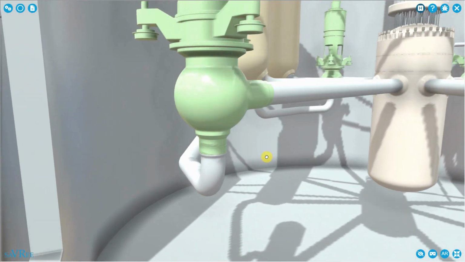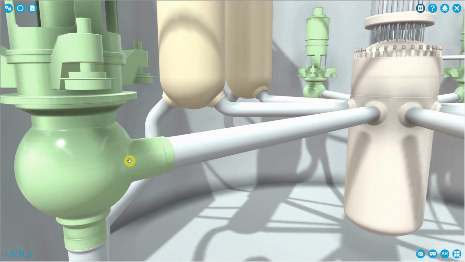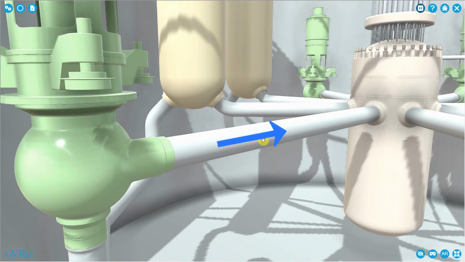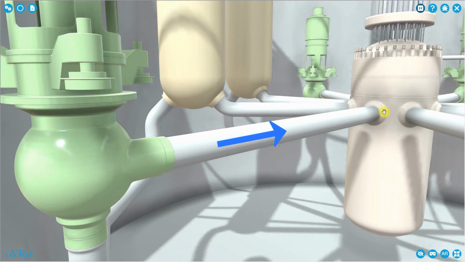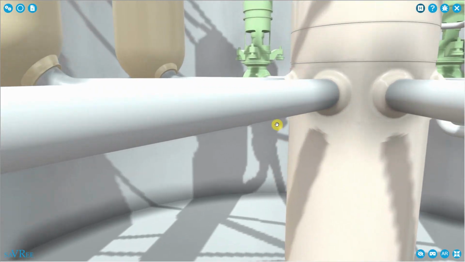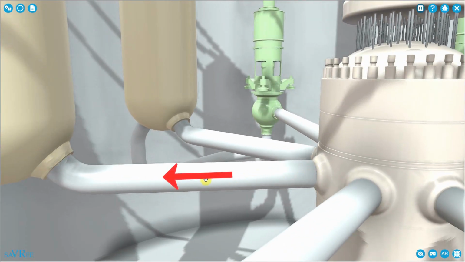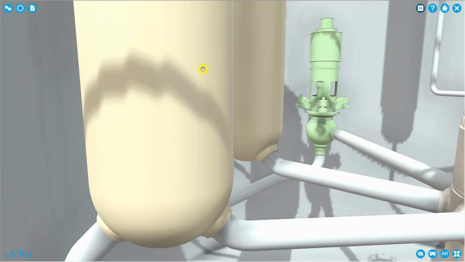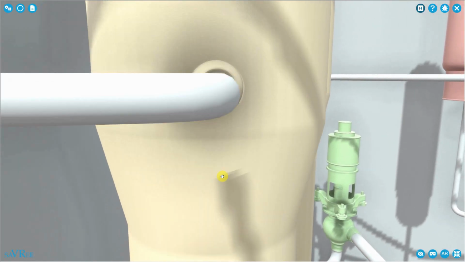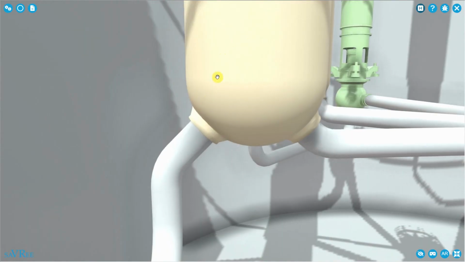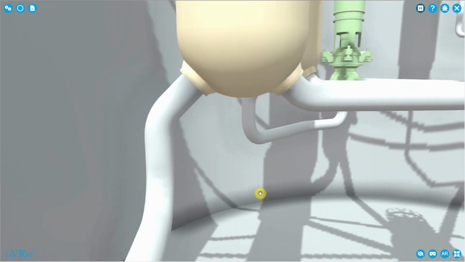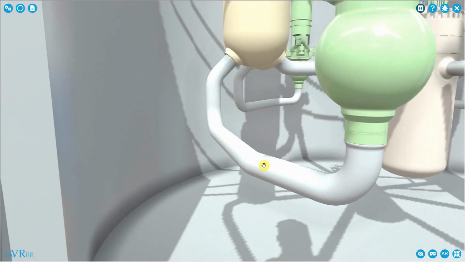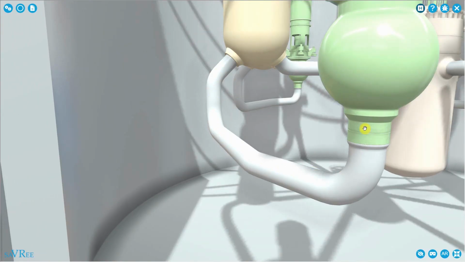If we go from our reactor coolant pump here, the primary coolant travels along here into the reactor, it's heated up, and then it's going to come out along here into our steam generator, and then it travels up the steam generator, up to the top here, and then it travels back down again, down through this connection, along here, and to our reactor coolant pump.